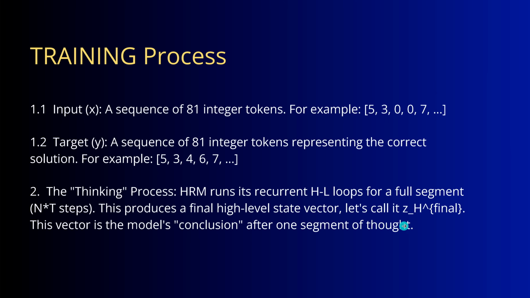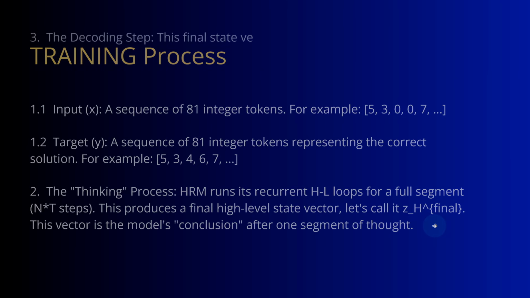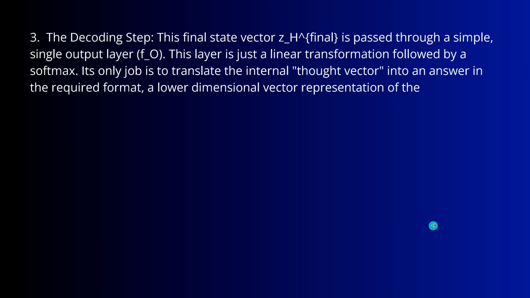So let's call it z_H final. This vector is the model's conclusion after one segment. But this is just the beginning, because now in the decoding step, the final state vector is passed through a simple single output layer. And this layer is just a linear transformation followed by a softmax function.